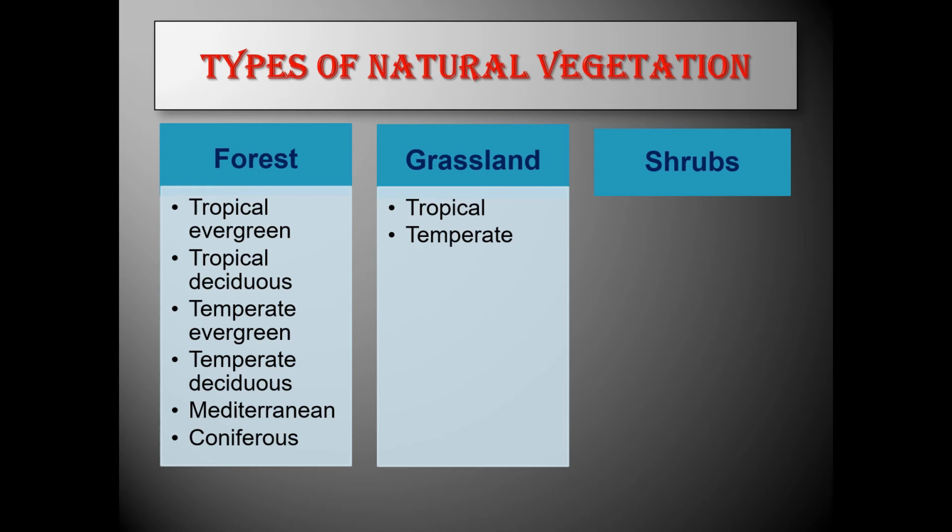Let us discuss what the different names are. Prairies in North America, pampas in South America, downs in Australia, velds in South Africa, and steppes in Europe and Asia.